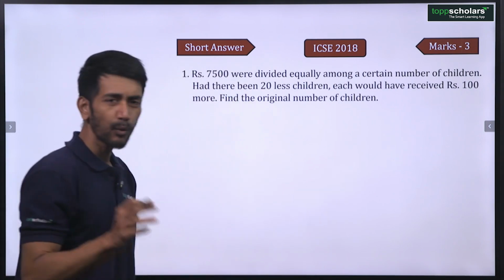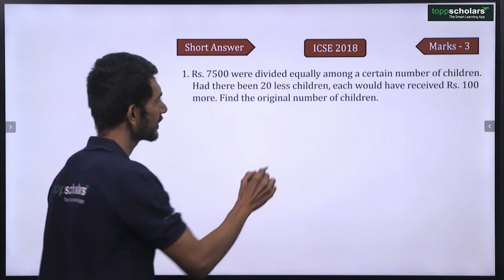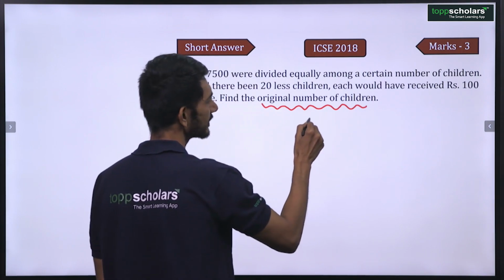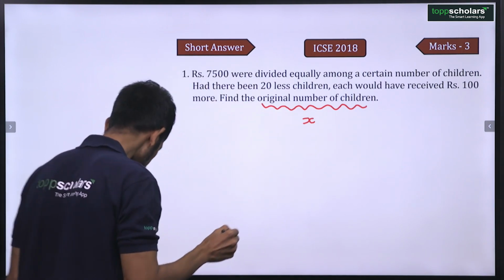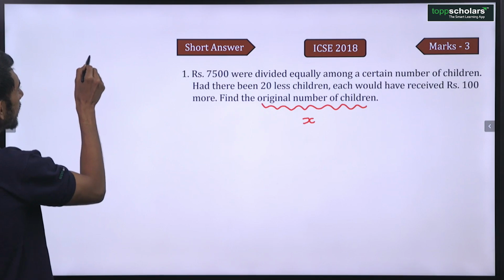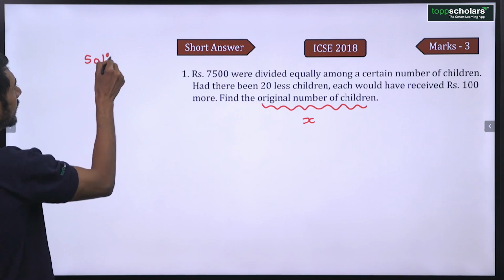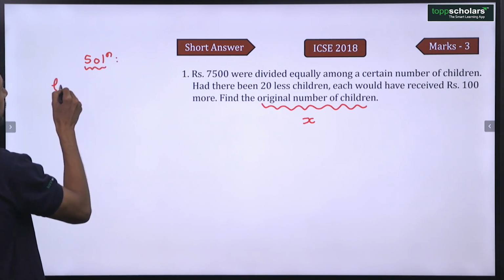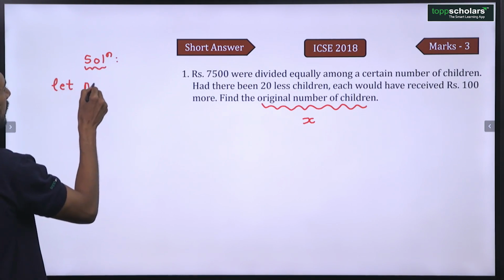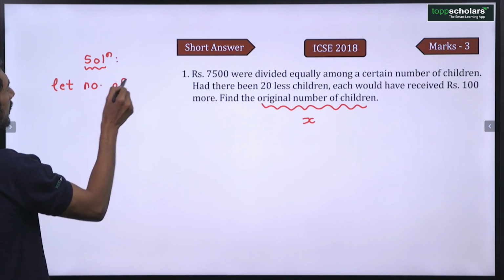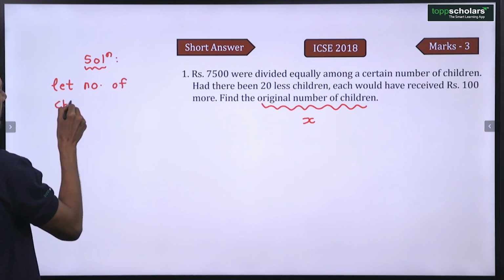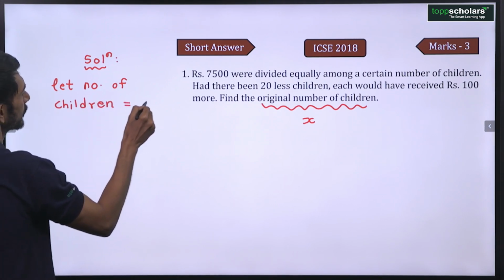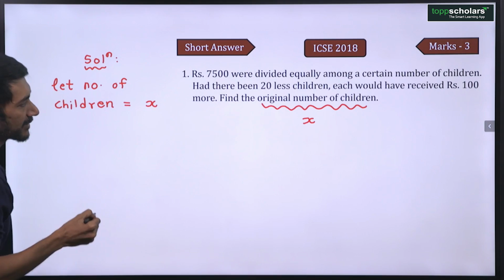So whatever we need to find out, that is the original number of children, we can consider as x, right? So here I can start by saying let the number of children be x, right?